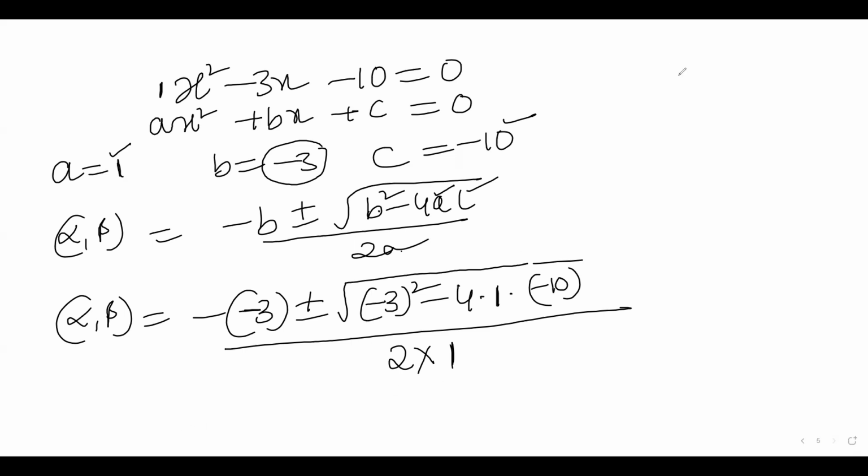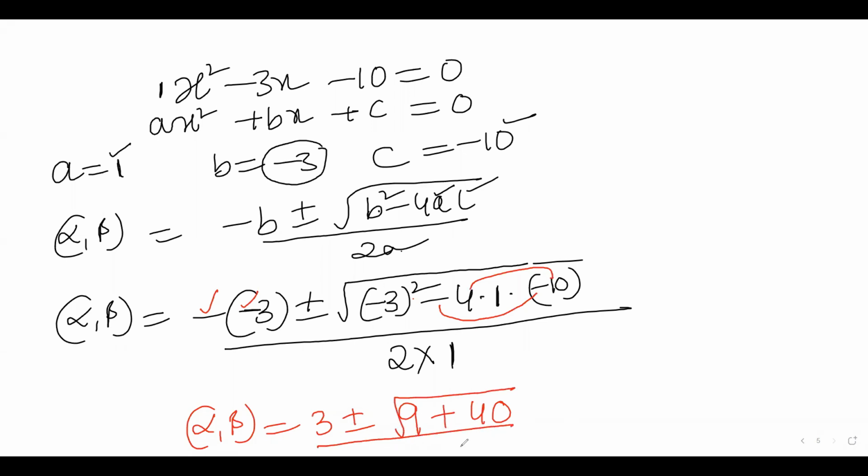Now next step. Alpha comma beta is equal to, tell what is minus into minus? Plus. 3 square is 9. 4 tens are 40. Minus into minus plus under root. 2 ones are 2 in the denominator.